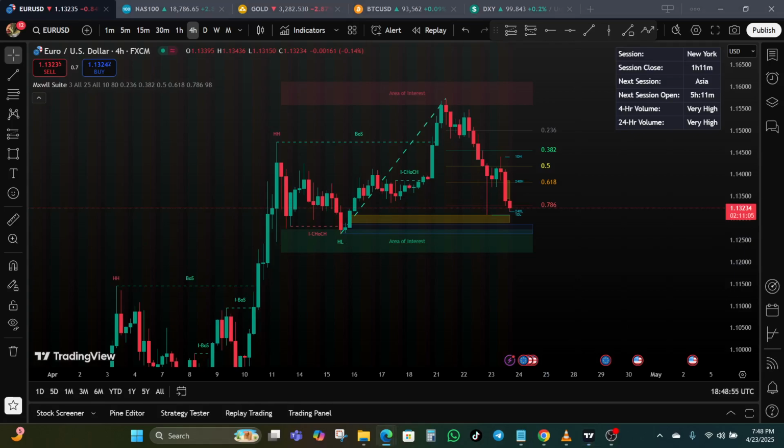Now, chart markup is clean and minimal. You start with a higher time frame to identify major BOS or CHOCH.